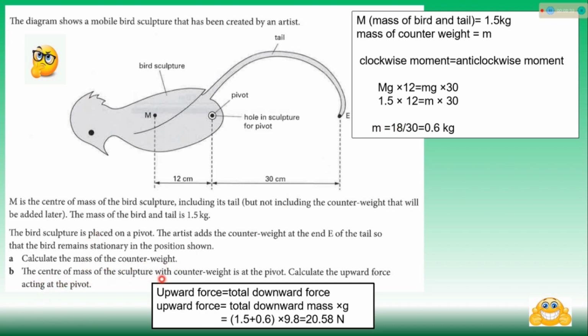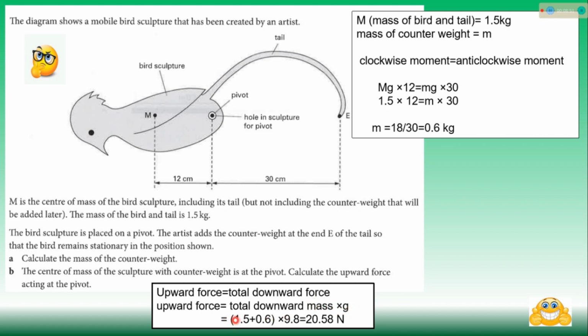The center of mass of the sculpture with the counterweight is at the pivot. Calculate the upward force acting at the pivot. So the upward force is equal to the total downward force, which is the total downward mass multiplied by g.